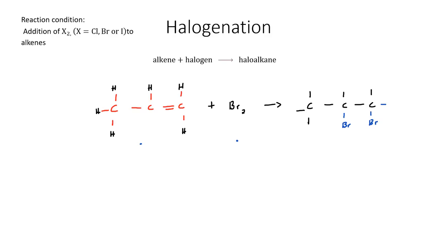Unsaturated, you add, but saturated, you can't add. When I go further with the lesson, I will tell you that you can substitute into them or you can eliminate. But for now, to differentiate between an alkene and an alkane, a saturated and an unsaturated organic compound, you can use halogenation, particularly when you use a substance known as bromine water.